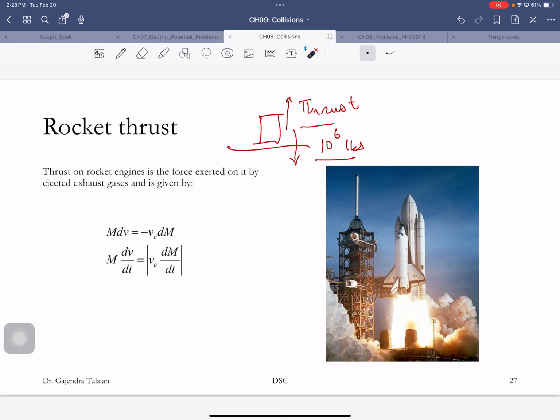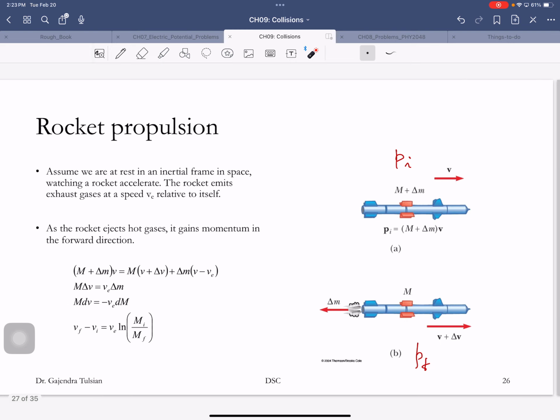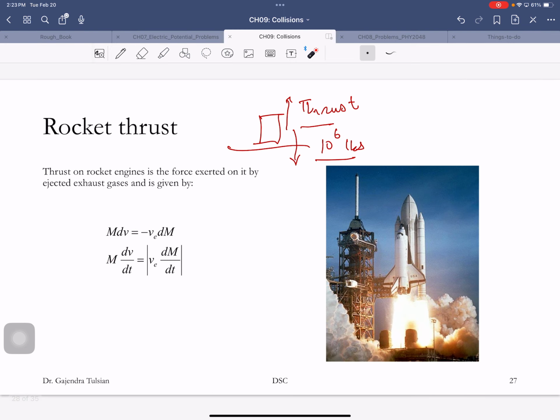So anyway, this is the rocket thrust. The rocket thrust is mass times acceleration of the rocket, and that's equal to the exhaust velocity of the gases times dm by dt. What is dm by dt? The changing mass of the fuel.